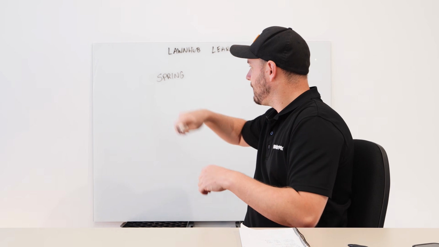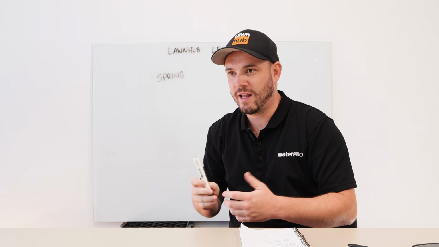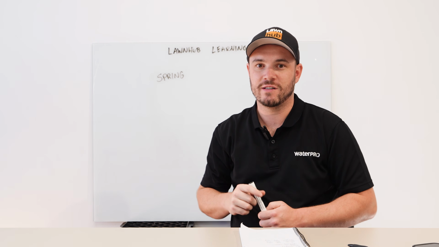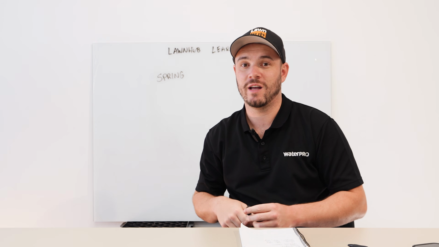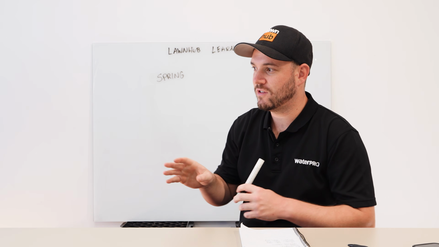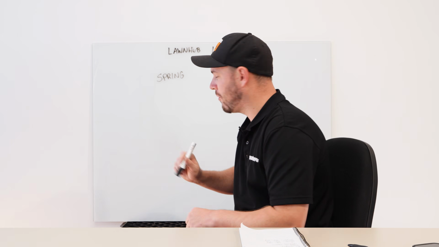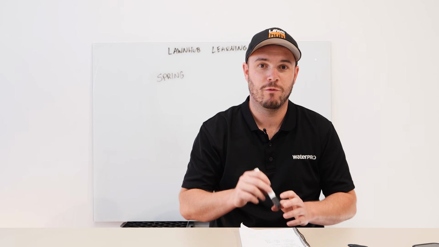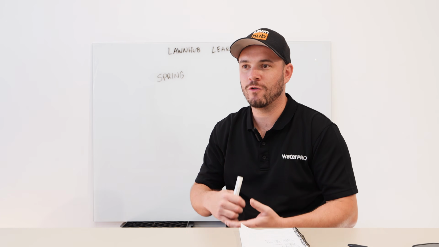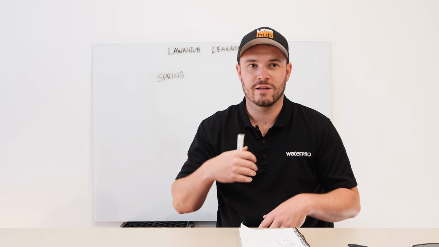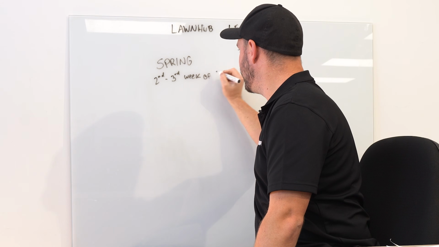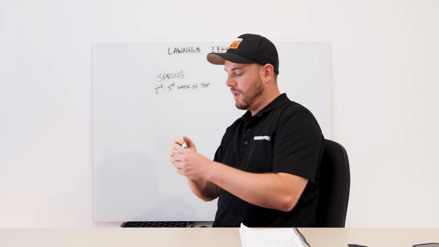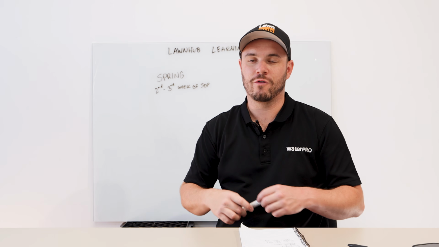So spring, leading up to the AFL Grand Final, which is the last Saturday of September, sometimes the first Saturday of October. That's sort of when we're looking for pre-emergent and Acelepryn. But before that, we want to get some form of food into the soil. So in the second or third week of September is when you're going to want to apply your granular fertilizer.